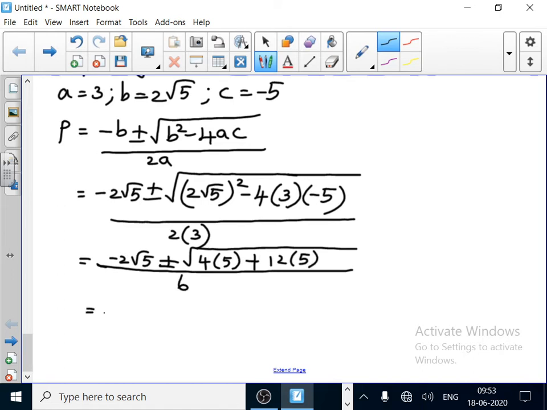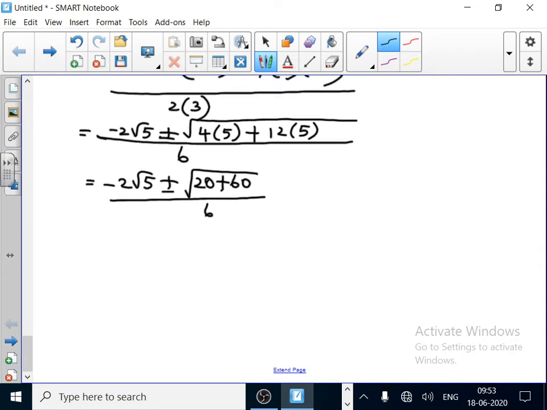That is equal to minus 2 root 5 plus or minus square root of 20 plus 12 5s are 60, whole divided by 6, that is equal to minus 2 root 5 plus or minus square root of 80 whole divided by 6.